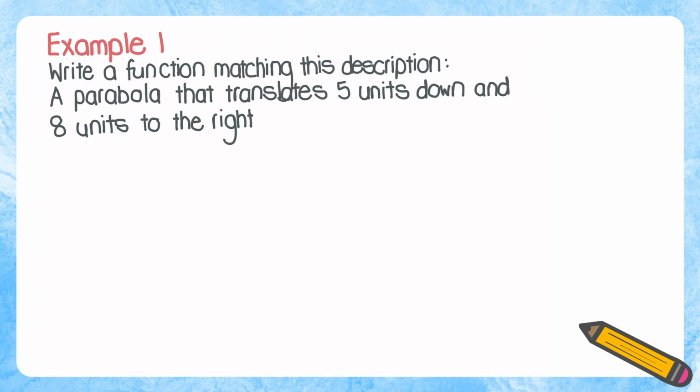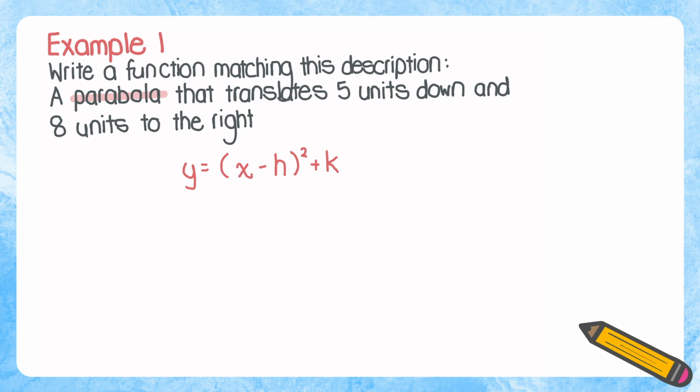So we have to find a quadratic function matching this criteria. Since it's a parabola, I know that it will have this generic form, y equals (x minus h) squared plus k. But what are h and k? Let's figure this part out.